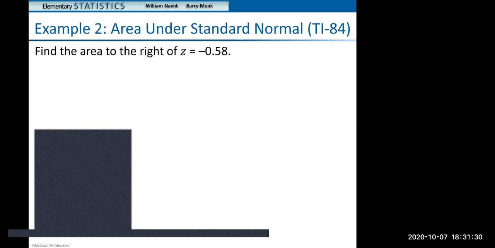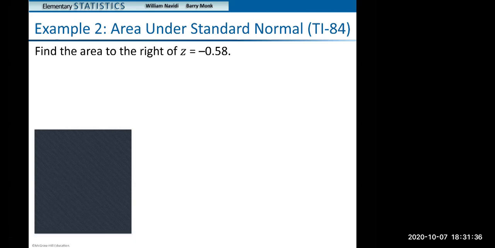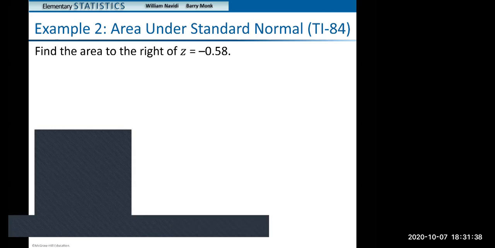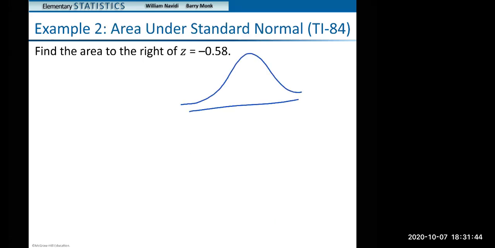All right, like this one. Find the area to the right of negative 0.58. So when you sketch this, where is negative 0.58? It's somewhere here, on the negative side. Think that this is negative 0.58, to the right of this.